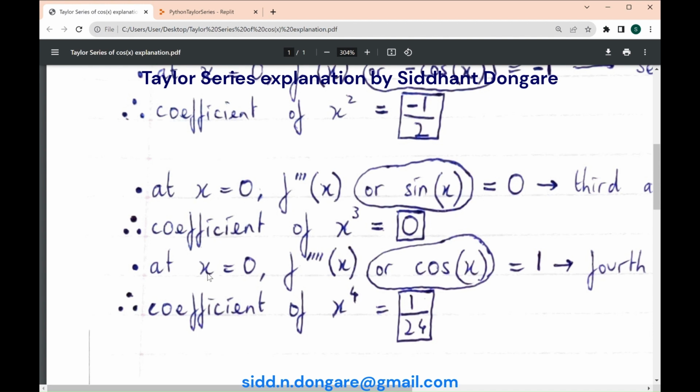You might think that we'd need to repeat an infinite amount of times to find the exact value, but because of the cycle shown above, we only need to do it 4 times. So at x equals 0, f quadruple prime of x, or simply cos x once again, is equal to 1. And what's the fourth antiderivative of 1?